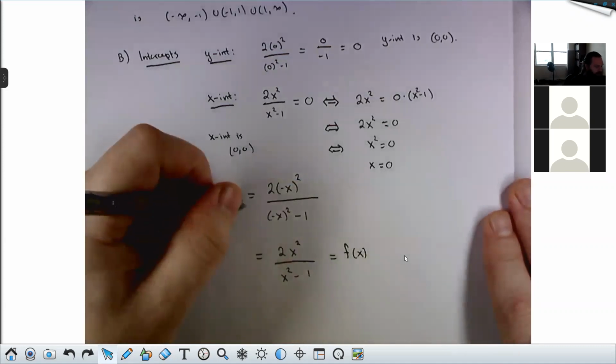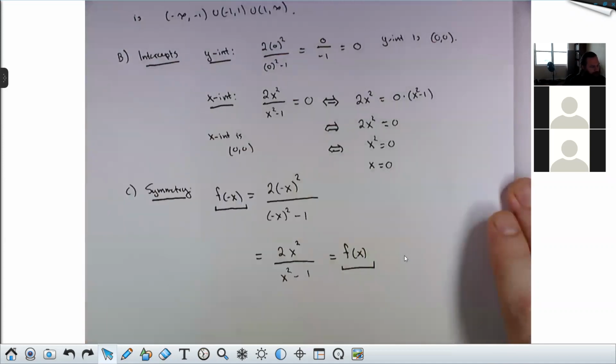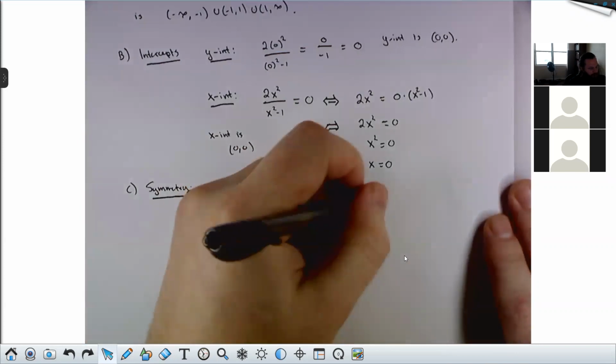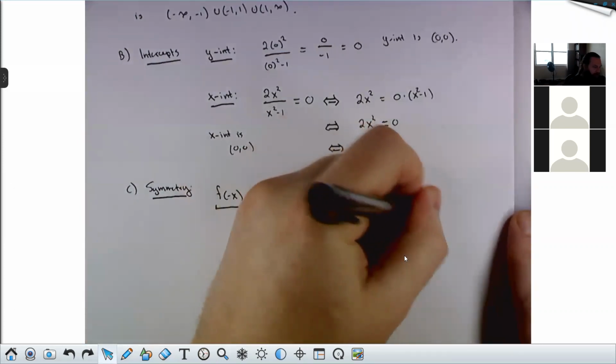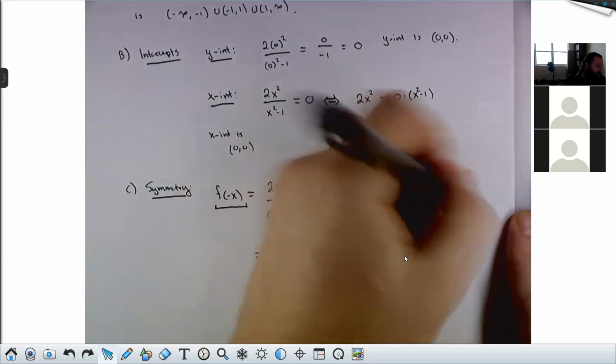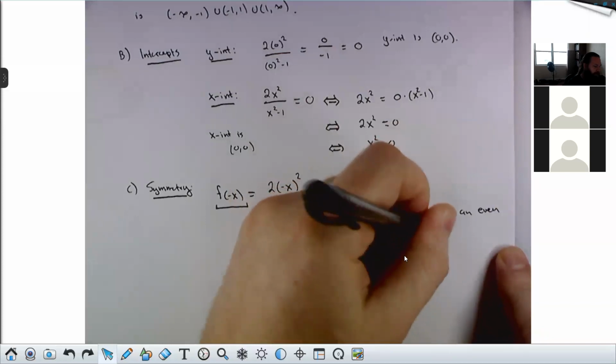So what have we seen? F of negative x is the same as f of x. So this tells me that f of x is an even function.